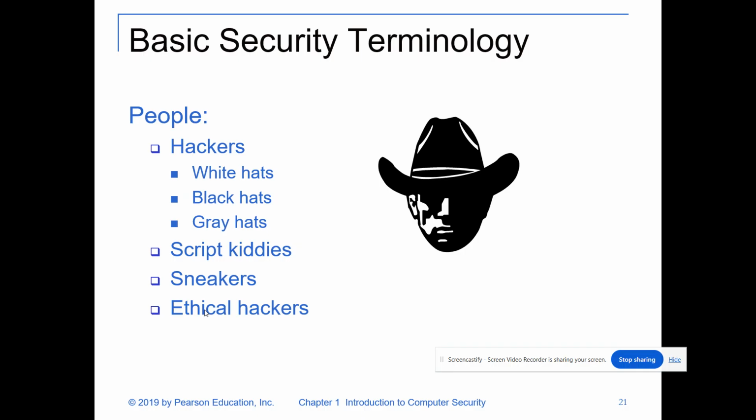We have script kiddies, who are inexperienced, consider themselves hackers, but only copy the work of others. And then we have the ethical hackers, consultants who are hired to do vulnerability assessments on company systems. In essence, they're attempting to hack the system as paid agents of the organization.